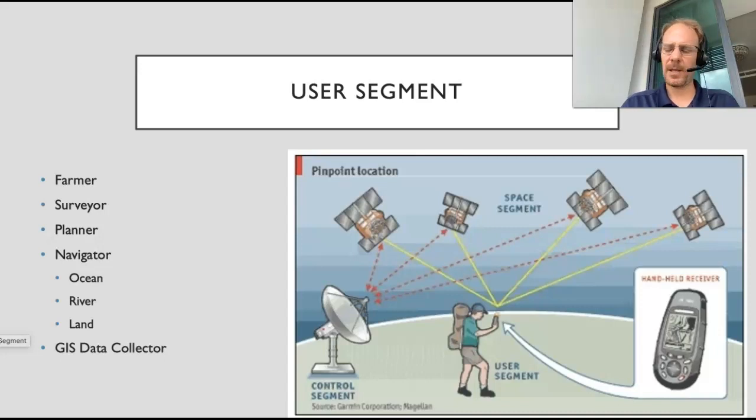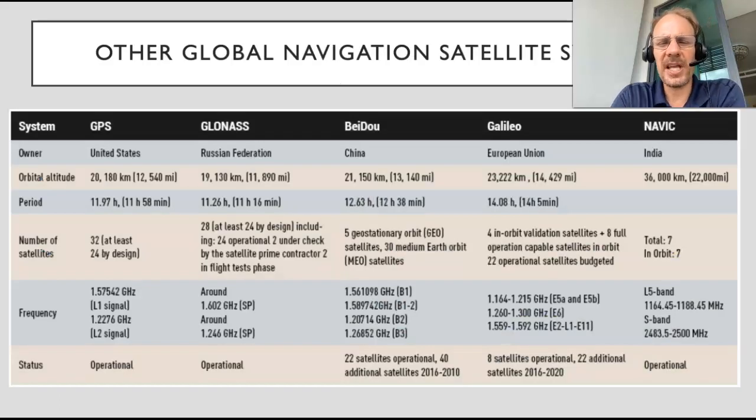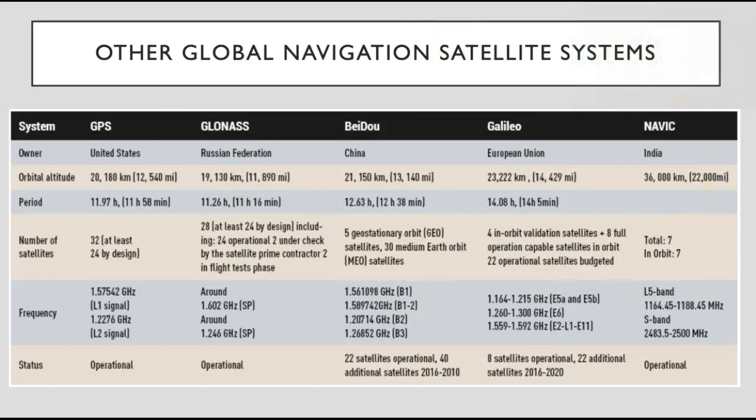The final slide I have for this presentation is that previously we mentioned that we talk a lot about what's called GPS, or Global Positioning System, which is the U.S. system. The U.S. system is one of currently 5 operational systems that are out there.